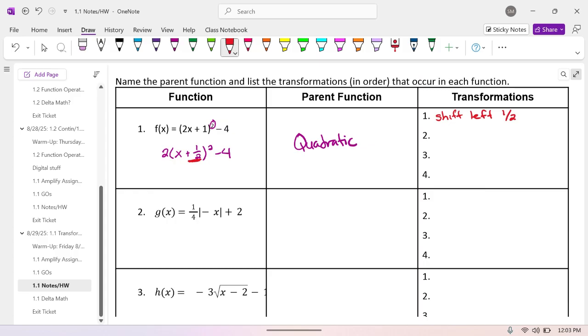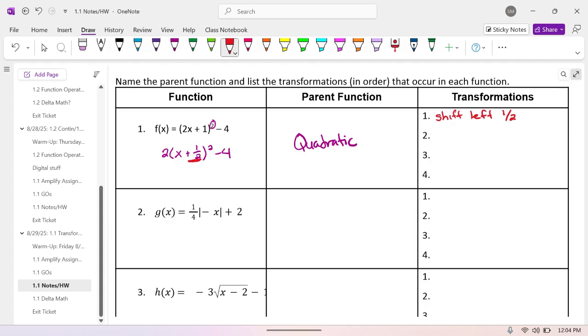Now, dilations. So right here, the reason it doesn't really matter with the dilation is because it'll do the same thing either way. But now that it's outside the brackets, what type of dilation is it? Vertical or horizontal? Outside means that it's affecting what value?